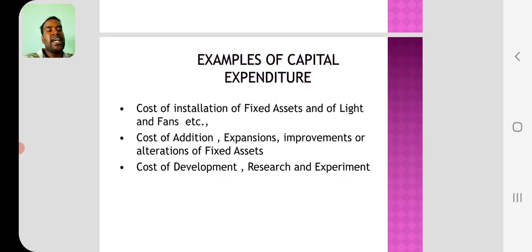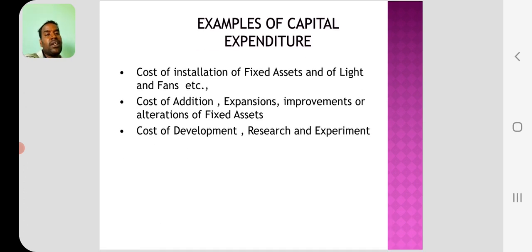Another example of capital expenditure is the cost of installation of fixed assets. For example, when we newly get fixed assets, we have to modify or add some external parts to that asset. It is called the cost of installation.